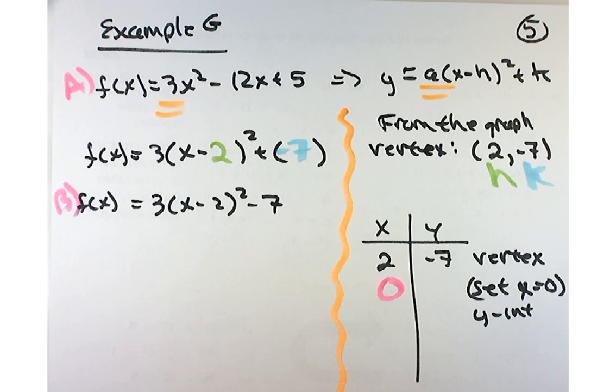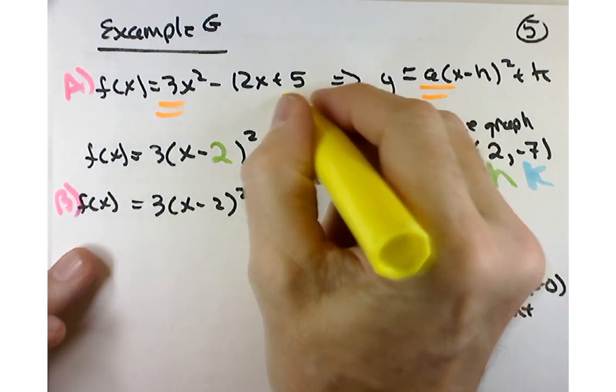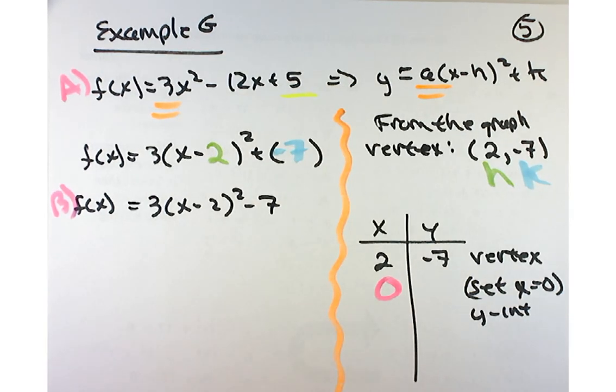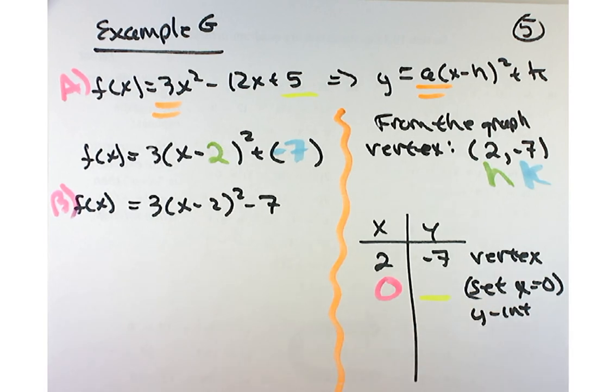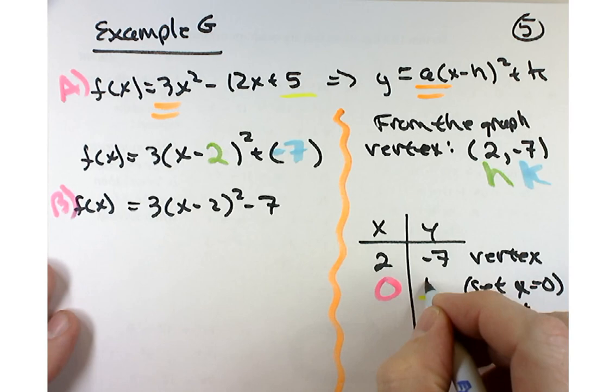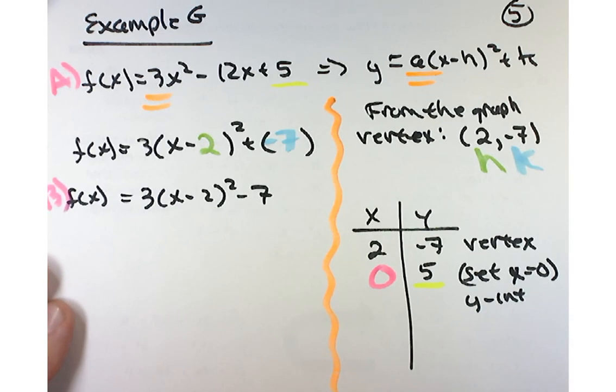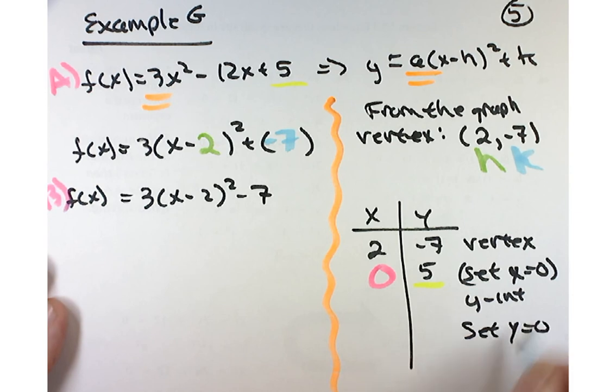What is our y-intercept? 5. So 0 and 5. But the x-intercepts are going to be a little bit more work. So for the x-intercepts, you're going to set y equal to 0.